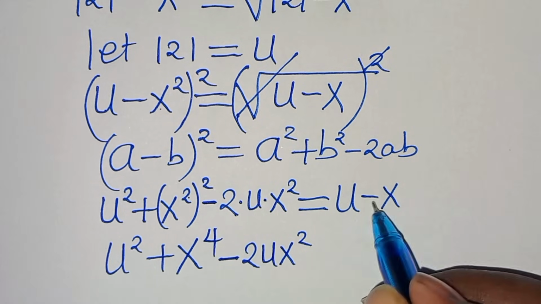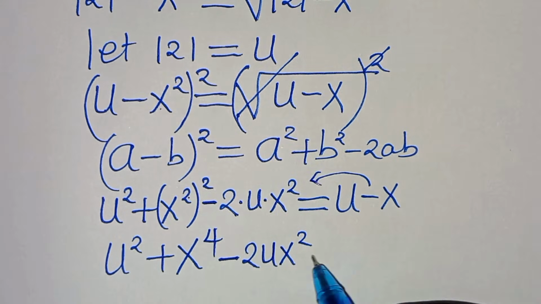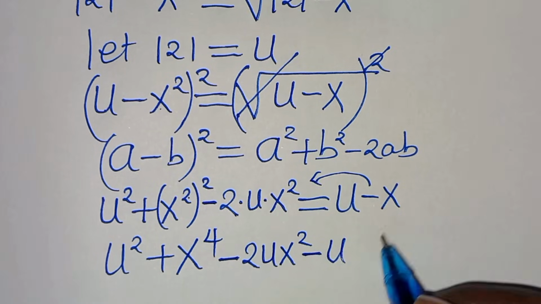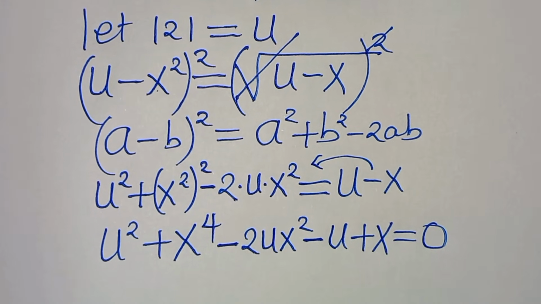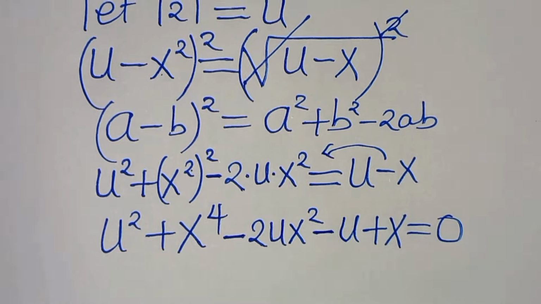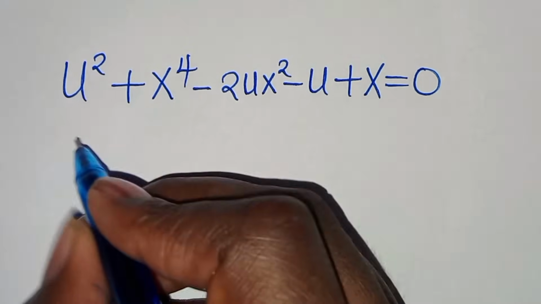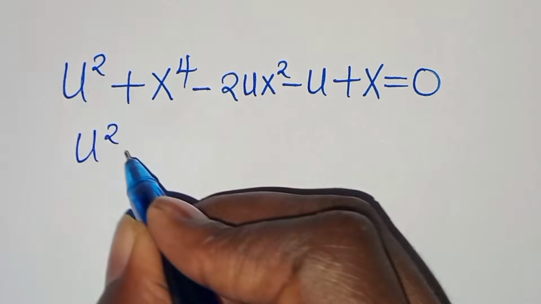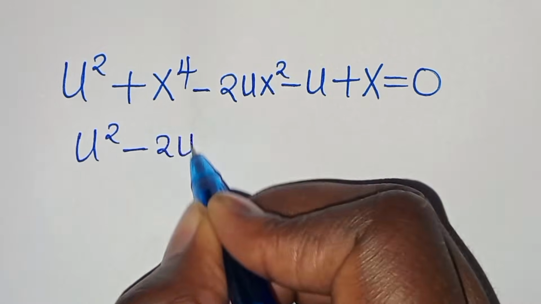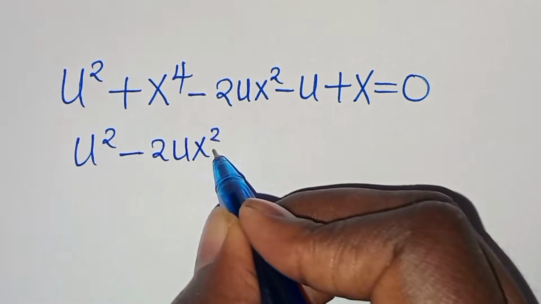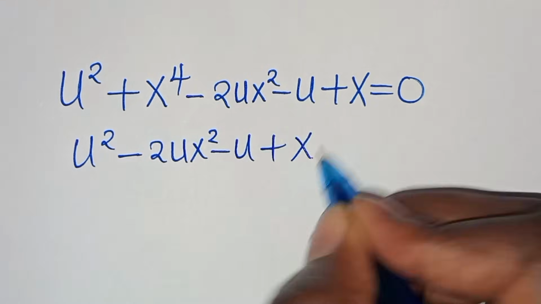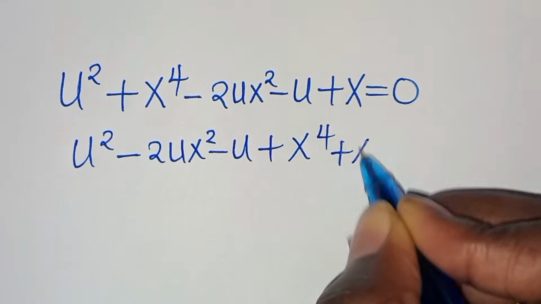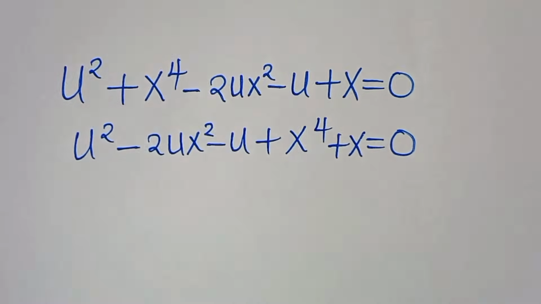Then let's take u minus x to the left hand side. So this is minus u, then plus x, equal to 0. Now, the next step: we have u squared minus 2u x squared, then subtract u, then plus x to the power of 4 plus x, equal to 0.